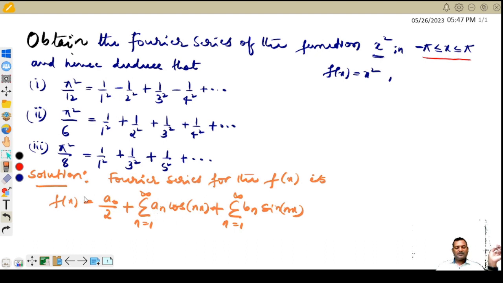Okay. So now, we also have Fourier coefficients, students.